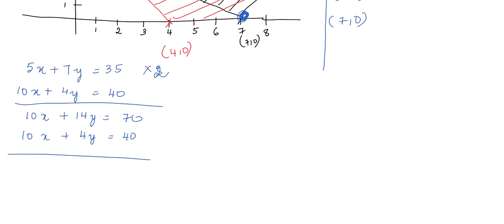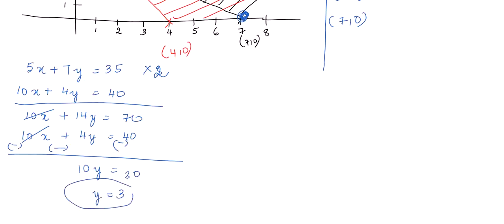Subtract this. When I subtract, the 10x gets cancelled. 14 minus 4 will give me 10y equal to 70 minus 40, which is 30. So y is equal to 3. When y is equal to 3, what is the value of x? Substitute in any of the equations. Taking the second equation, 10x plus 4 into the y value 3 equal to 40.